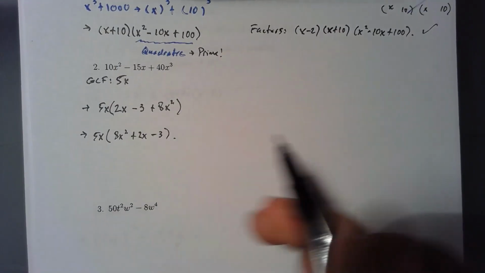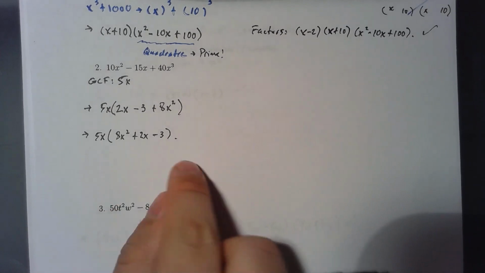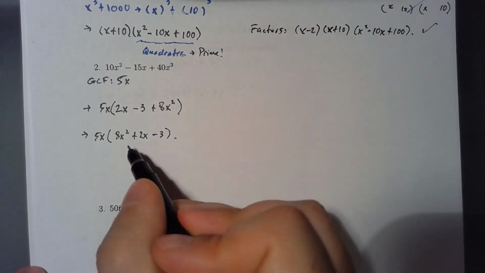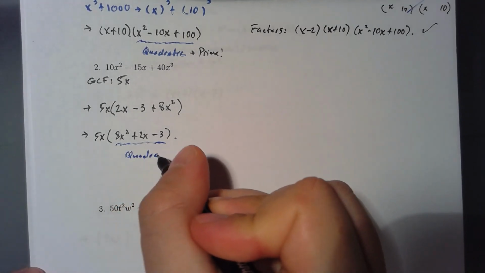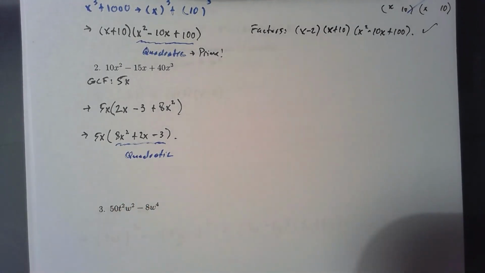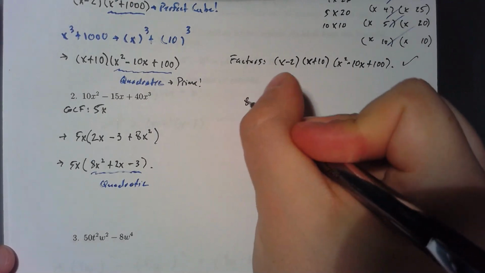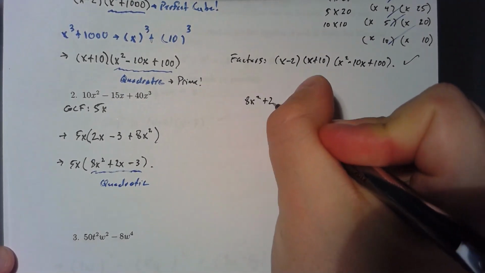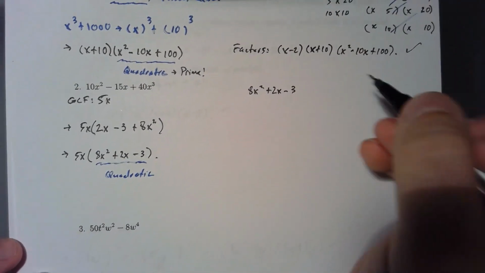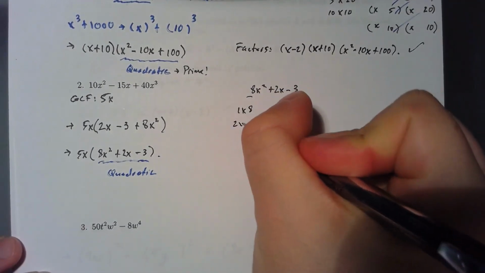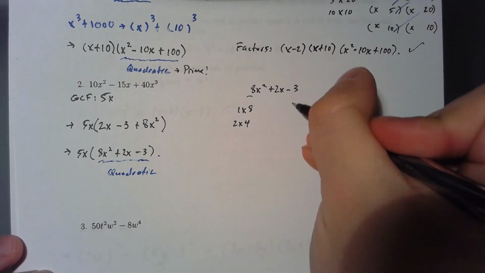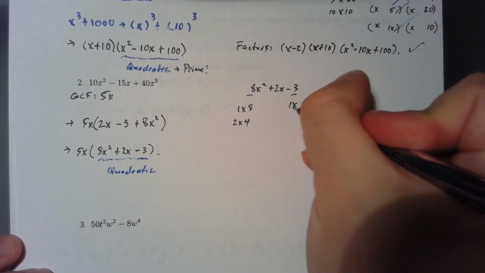So now I have this. And if you notice here, this is another quadratic. So let's check to see if it factors. The factors of 8 are 1 and 8, 2 and 4. The factors of 3 are 1 and 3.